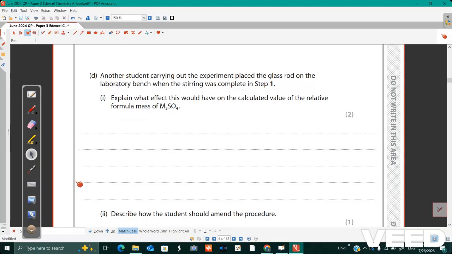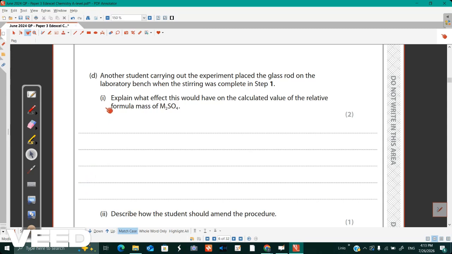Another student carrying out the experiment placed the glass rod on the laboratory bench when the stirring was completed in step 1. Explain what effect this would have on the calculated value of the relative formula mass of M2SO4.